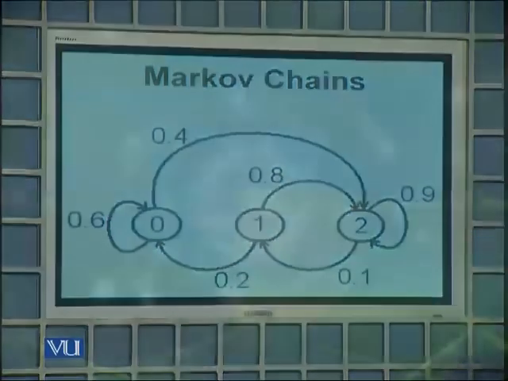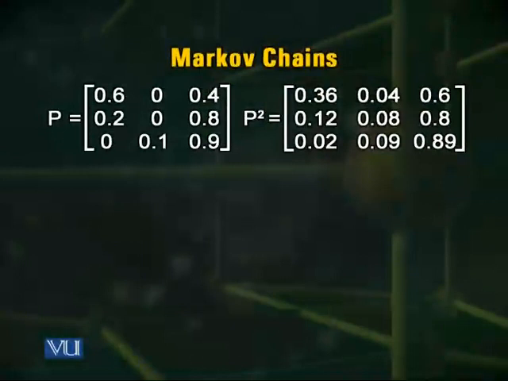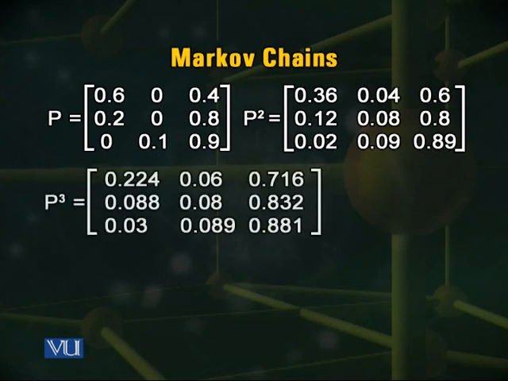Using all these numerical values, we find P, the state transition probability matrix of this 3-state Markov chain. If you look at the second power of this P, it gives you this set of values. The third power of P gives you a slightly different set of values.